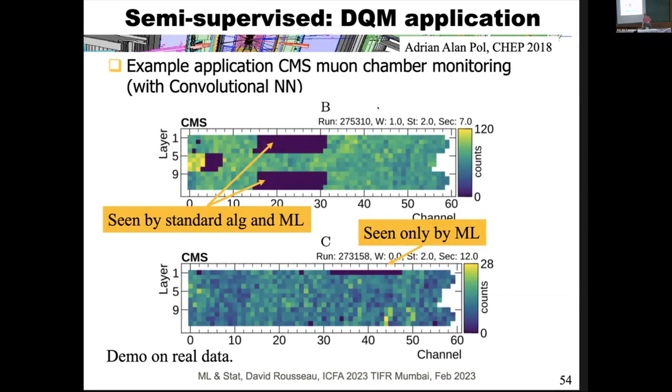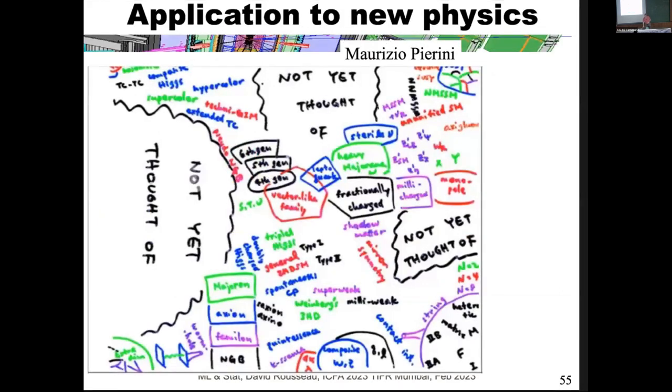So, there are many more applications of anomaly detection. Many people are also thinking about it for new physics, because, you know, we found the Higgs. We have not seen anything else. We're doing precise measurements of the Higgs, of the top and so on, of the standard model. But also we're looking for new models beyond standard model physics. And there are two ways to do it.